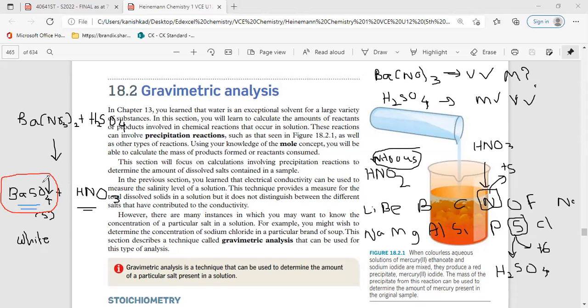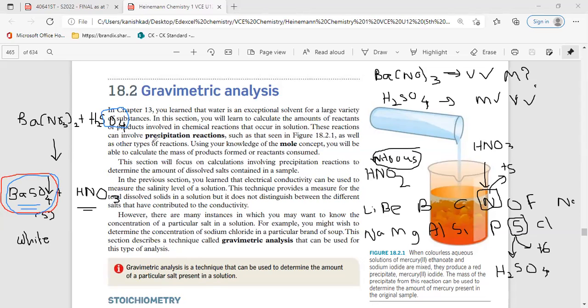So the barium sulfate precipitate is formed by a sulfate. That means it comes from sulfuric acid. Sulfuric is a stronger acid than nitric. So nitric can never dissolve a sulfate. Why is that?